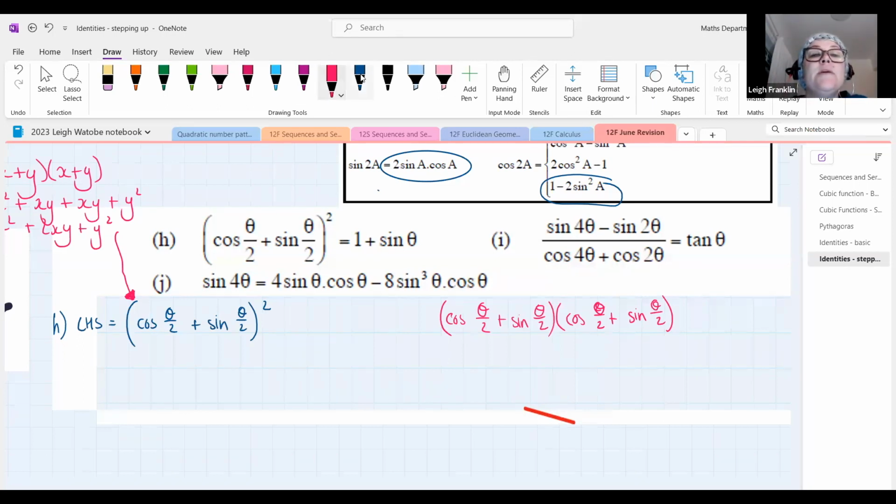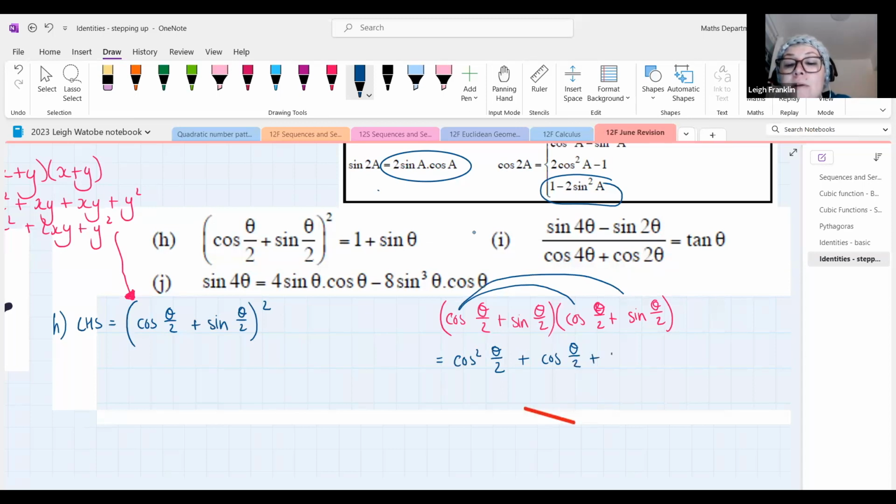So, Sandisiwe, when you were doing FOIL, you would end up with cos theta over 2 times cos theta over 2. That is going to give you cos squared theta over 2. Then when you multiply your outers together, that is going to give you cos theta over 2 and sine theta over 2.